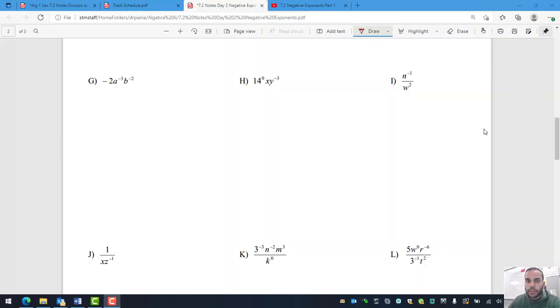All right, so let's continue with some of these more complex ones. If we look at example G, we see negative 2, a to the negative third power, b to the negative second power. So what you got to remember about exponents is the exponent is only attached to the term that's closest to it unless there's parentheses around it.